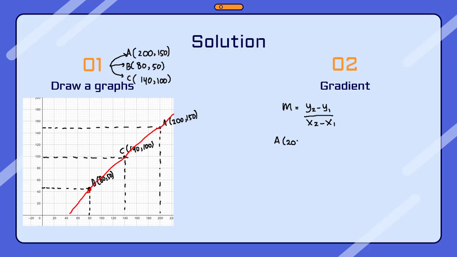Let's try to use points A and B. We have to put point A as x1 and y1, and point B as x2 and y2. And after that, we can substitute into the formula.